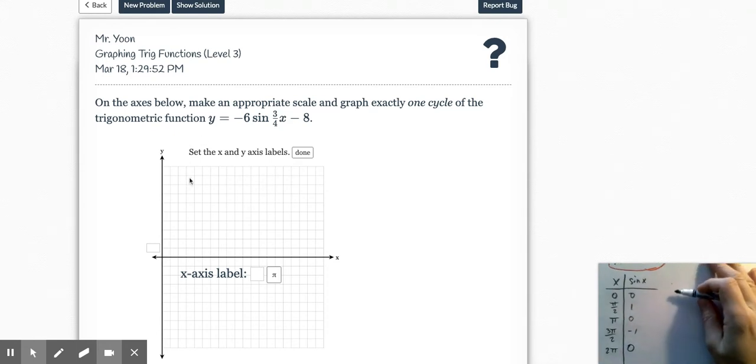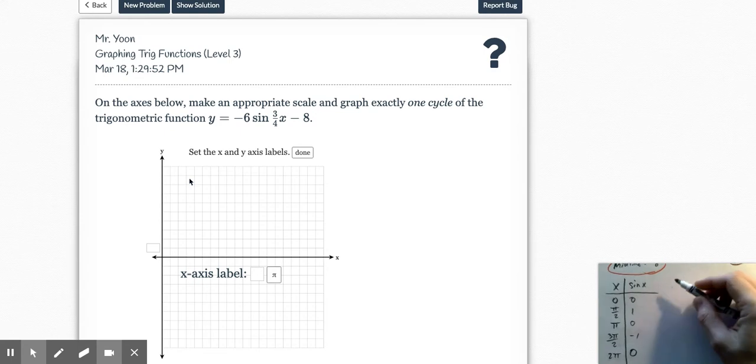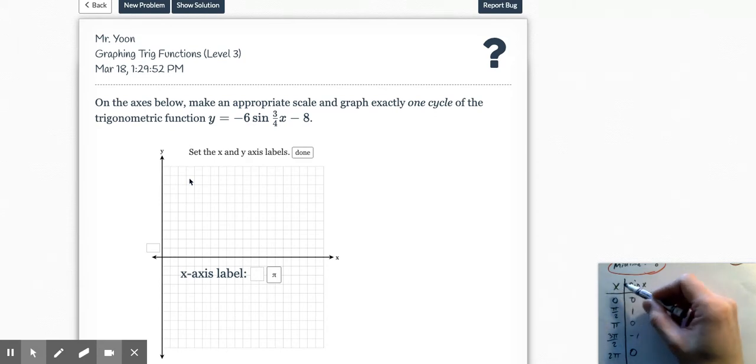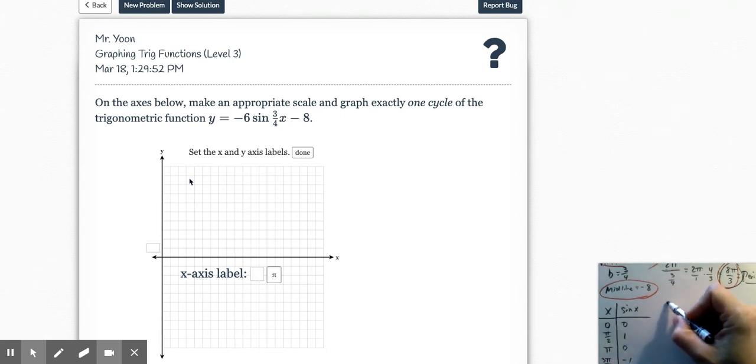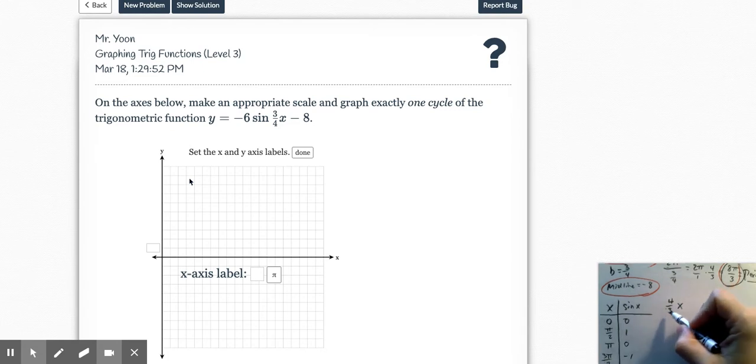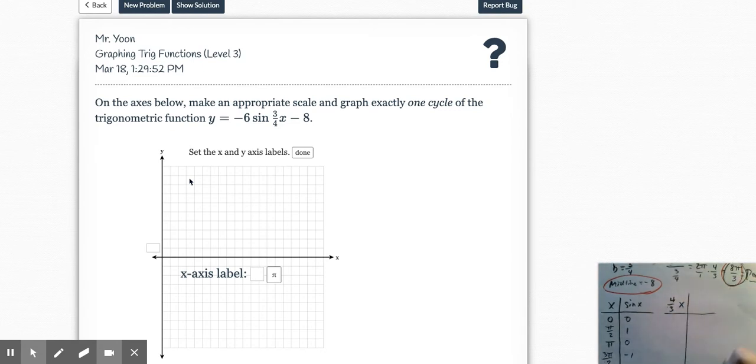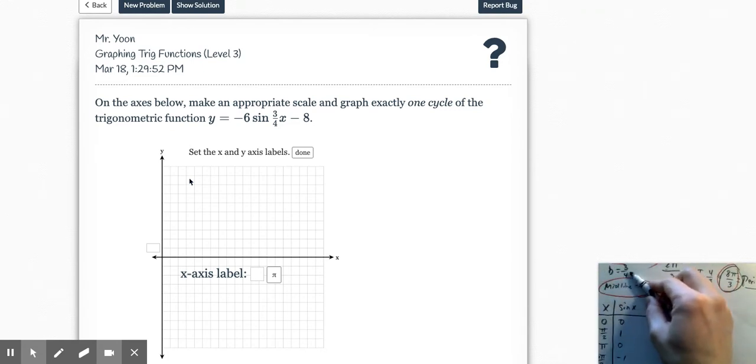But if you want to use the table method, then you transform this table by changing the x by this B value, which is 3/4, and applying 4/3 to that x. That means it's the reciprocal of this.